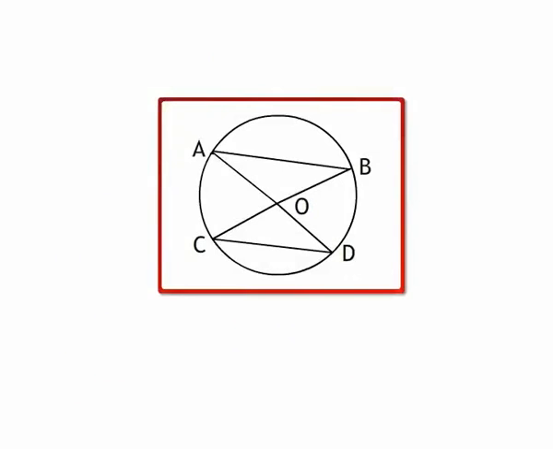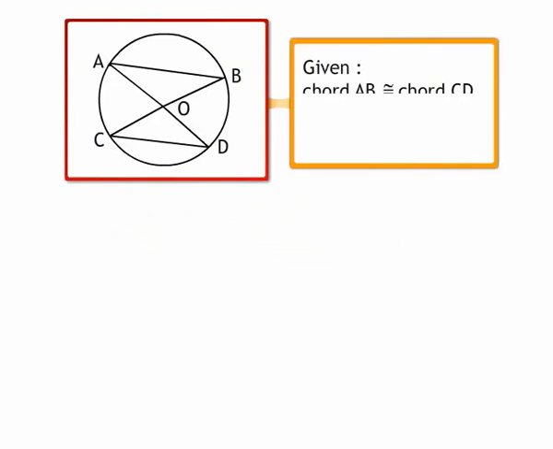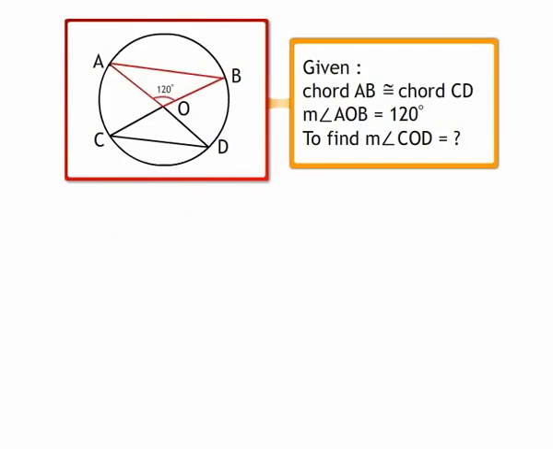Now look at the figure alongside on the screen. We have a circle with center O with two congruent chords. Chord AB is congruent to chord CD and measure of angle AOB is equal to 120 degrees. We have to find measure of angle COD. Solution.